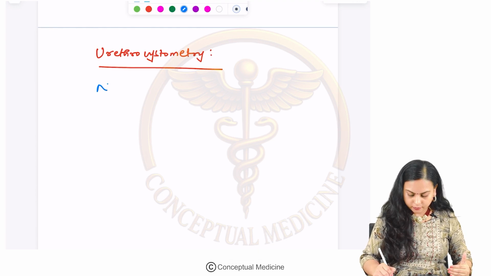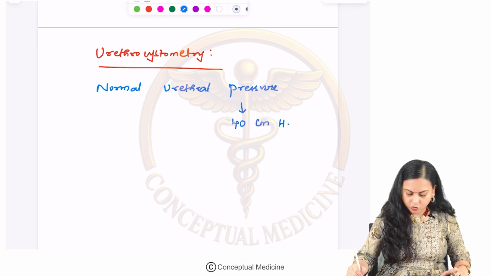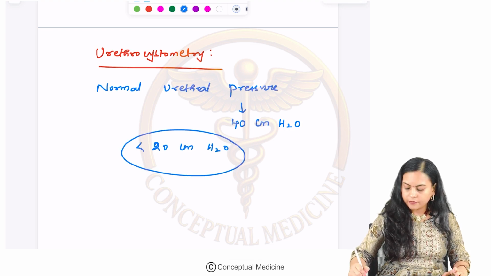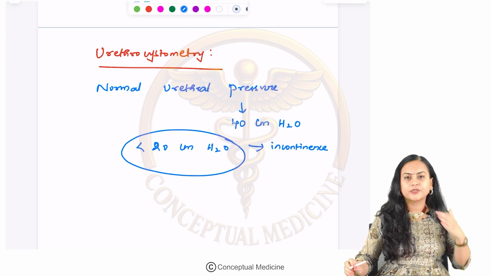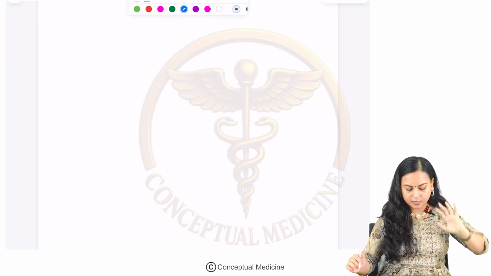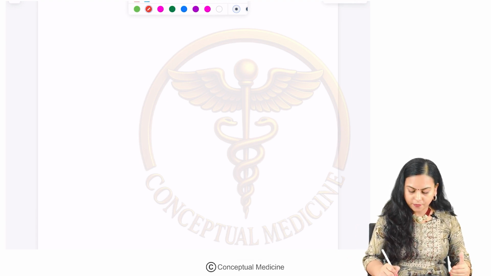So, normal urethral pressure is approximately 40 centimeter of water, and less than 20 centimeter of water will lead to incontinence. Clear?